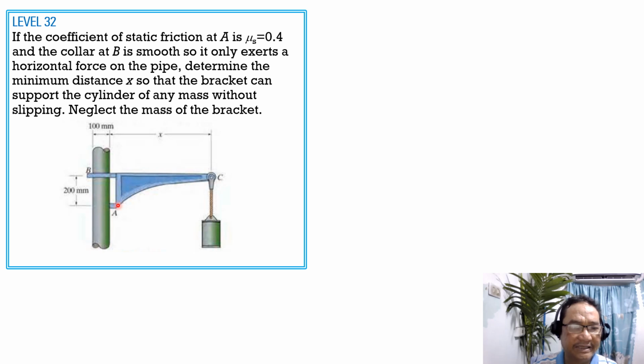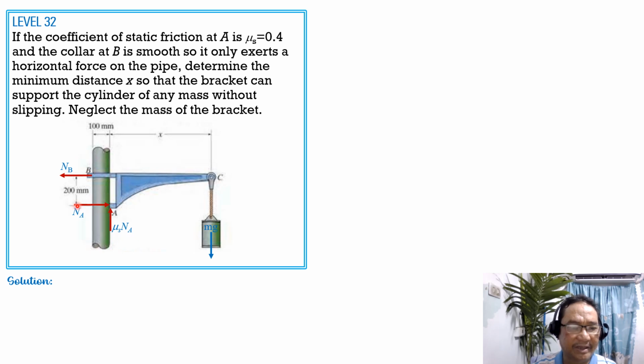frictional resistance at A. So for the solution, we have here the weight, which is equal to mg. Then we have the normal reaction at B, which is leftward. Then at A, rightward, and frictional resistance upward as shown.